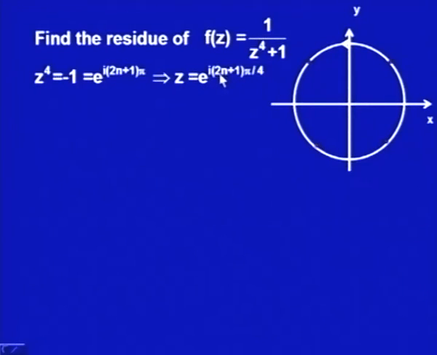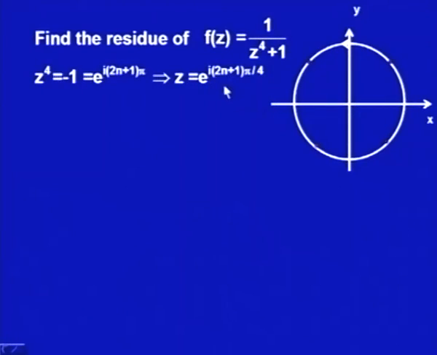At n equal to 1, we get 3, so e to the power i 3 pi by 4 and e to the power minus i 3 pi by 4. Then if I take n equal to 2, I would get 5 pi by 4, which is 2 pi plus pi by 4.